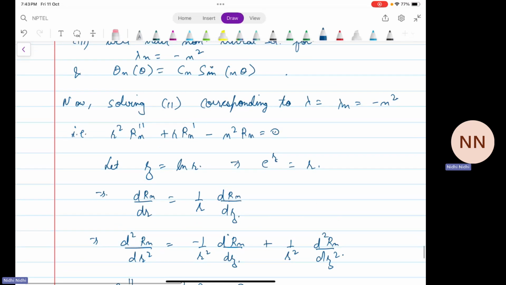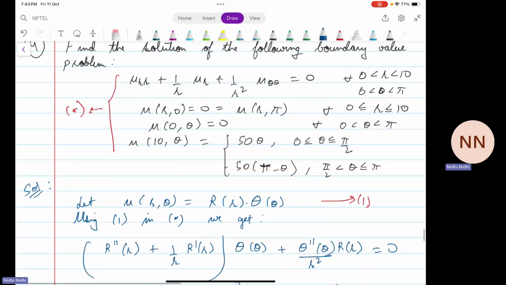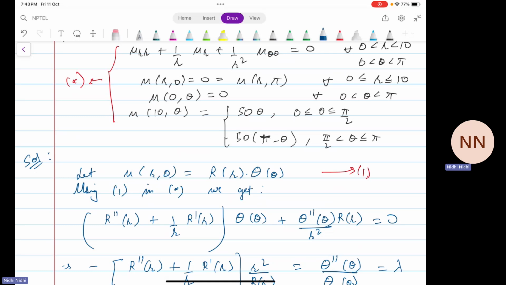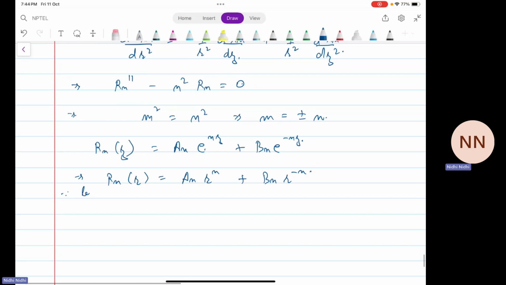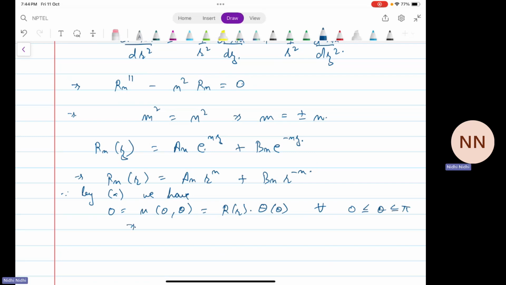Now let's see whether we have some boundary condition for r. So yes, since u(0, theta) is 0 for every theta, we have 0 is equal to u(0, theta), which is R(0) times Theta(theta) for every theta between 0 and pi. So R at 0 is 0.